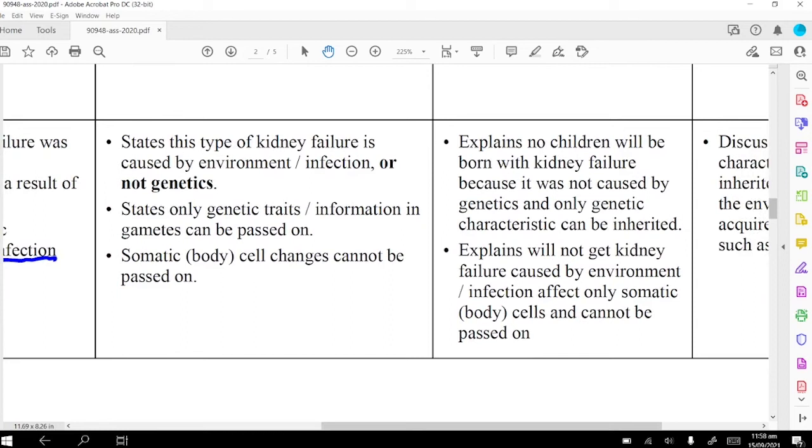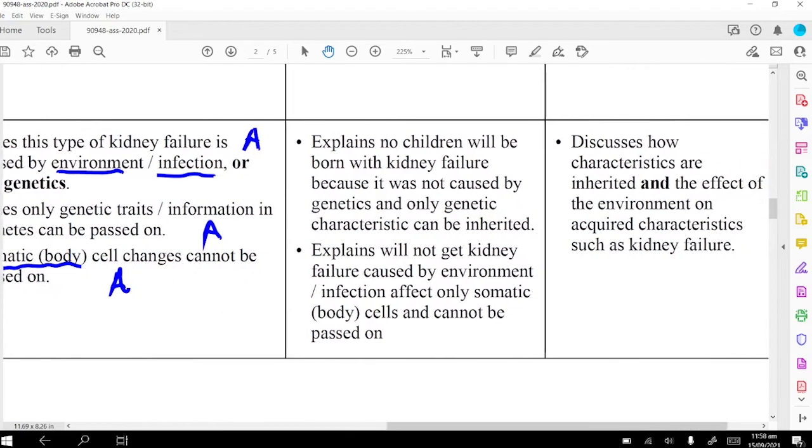So if you just said that kidney disease is this kidney failure, but because of the infection, it was either environmental or infection, then you get an A. States only genetic traits or information in gametes can be passed on, it was another A. And then somatic body cells change and cannot be passed on. So your somatic body cells. Now for merit, there were 2 opportunities for merit as well.